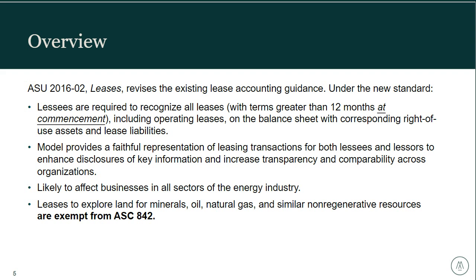But that was creating a lot of diversity in accounting, a lot of lack of consistency about what you put on as a capital lease versus another, and maybe a lot of game playing within the leasing arrangements in order to get a desired outcome. So essentially what FASB did is they said, we're going to try to strip all of that out and put everything on the balance sheet. That's what we're going to talk about mostly today. We're expecting this to affect all businesses in the energy industry.